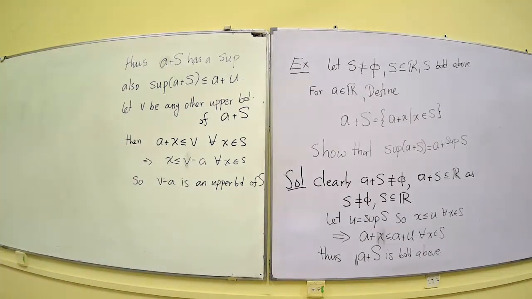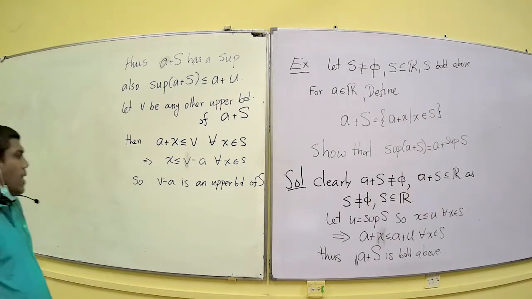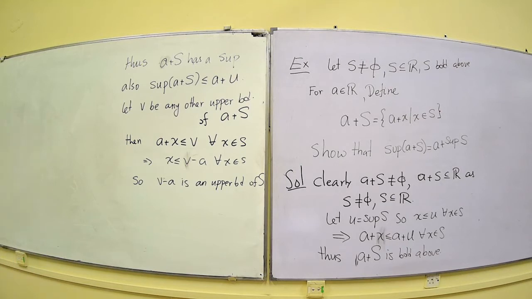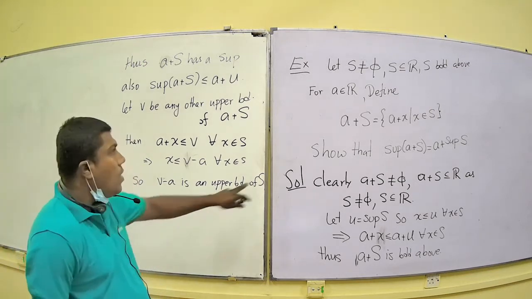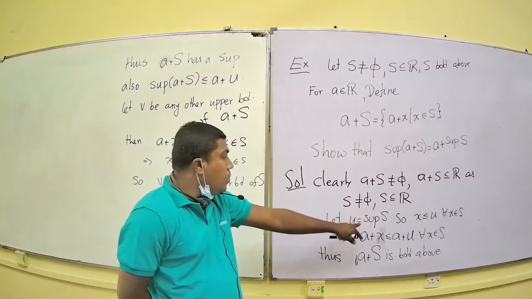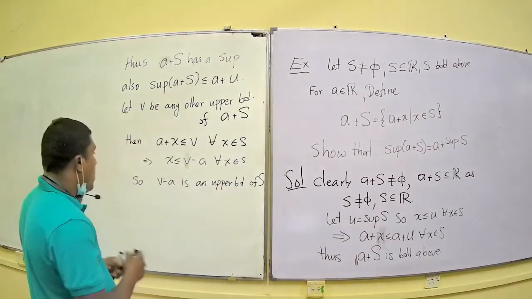If X is less than or equal to V minus A for all X in S, then V minus A is an upper bound of S, right? So if V minus A is an upper bound of S, you notice that the supremum is U, right?